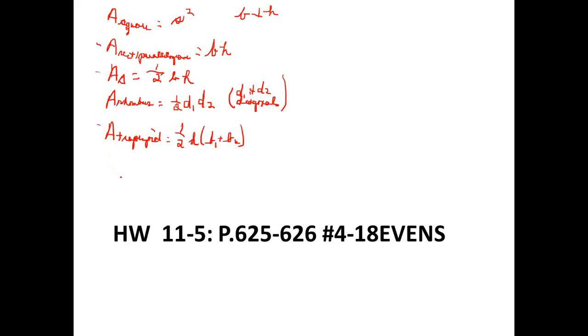Then we had the area of a regular polygon, which is taking the quadrilaterals and now going out 5, 6, 7 sides or more. And that's 1/2 AP, where P is the perimeter of the polygon. And since it's regular, that would be the numbers times the length of the sides. Number of sides times the length.